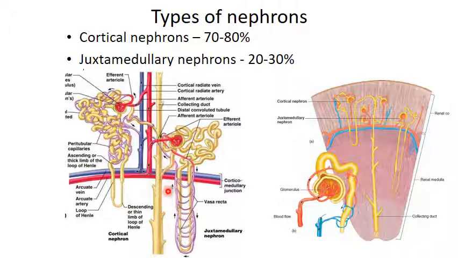On the other hand, this is a juxtamedullary nephron where you can see the renal corpuscle is close to the junction of medulla and cortex, and the loop of Henle is deep or long, and in addition the capillaries are U-shaped. So these U-shaped or straight capillaries, there is no convolution of capillaries in this case.